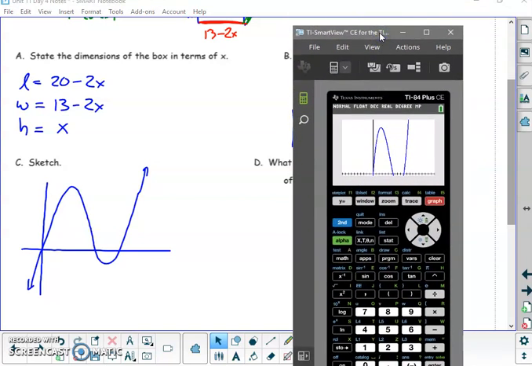Now what I need to do is label some pieces here. So I want to find my roots. Now if you notice here, I doubt they are nice integer coordinates, so I'm going to go to y equals, and I'm going to put in a 0 for y2. Now I'm going to do second calc, intersect, and I'm just going to give this root here. So 6.50.